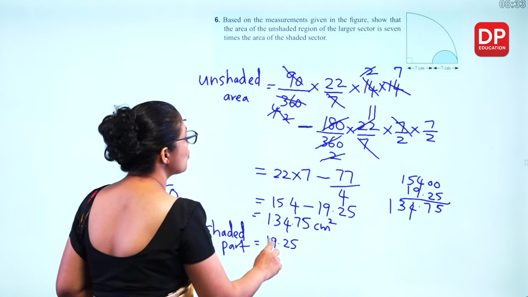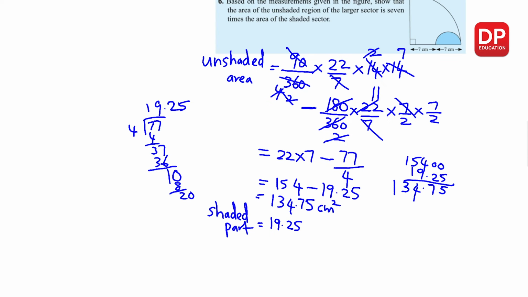So what's the ratio now? The ratio between these two, the smallest to the bigger one, they are asking to show this is 7 times bigger. So we'll see when you multiply this by 7, what you get. We'll multiply and see. 7 times 5, 35, 3 remaining, 7 times 2, 14, 14 plus 3, 17, 1 remaining, 7 times 9, 63 plus 1, 64, 6 remaining, 7 times 1, 7, 7 plus 6, 13.